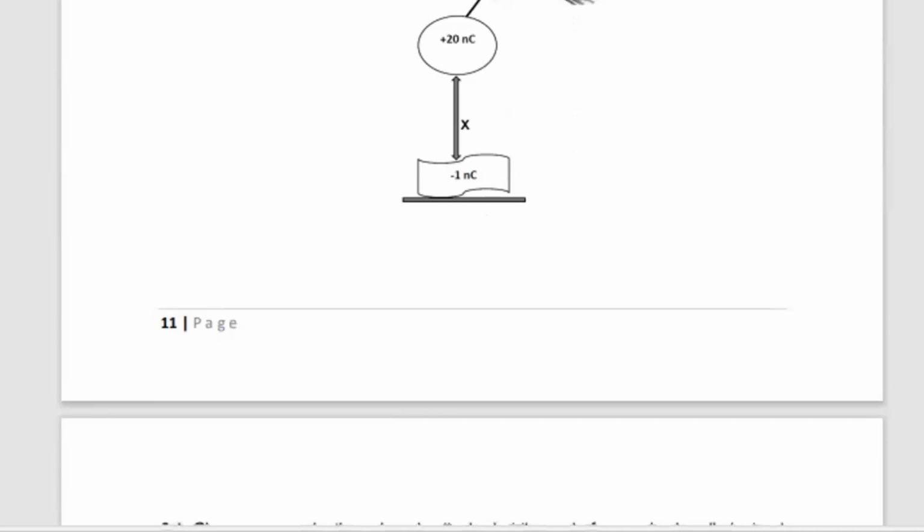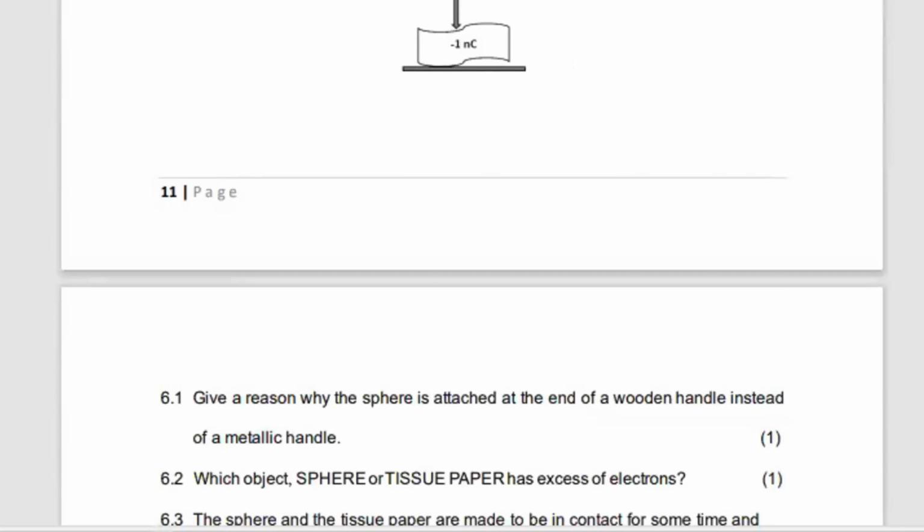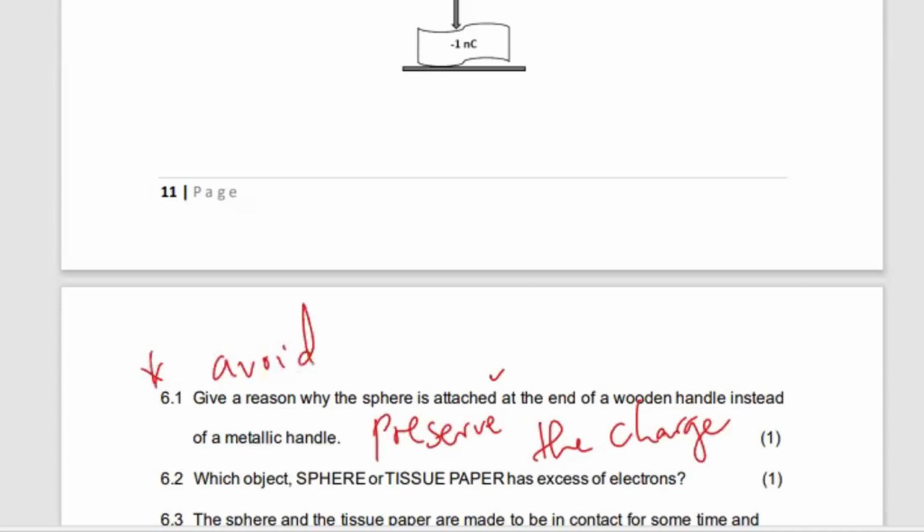Why is the sphere attached at the end of the wooden handle? This is so that we can preserve the charge. Alternatively, we can say we need to avoid the loss of charge.